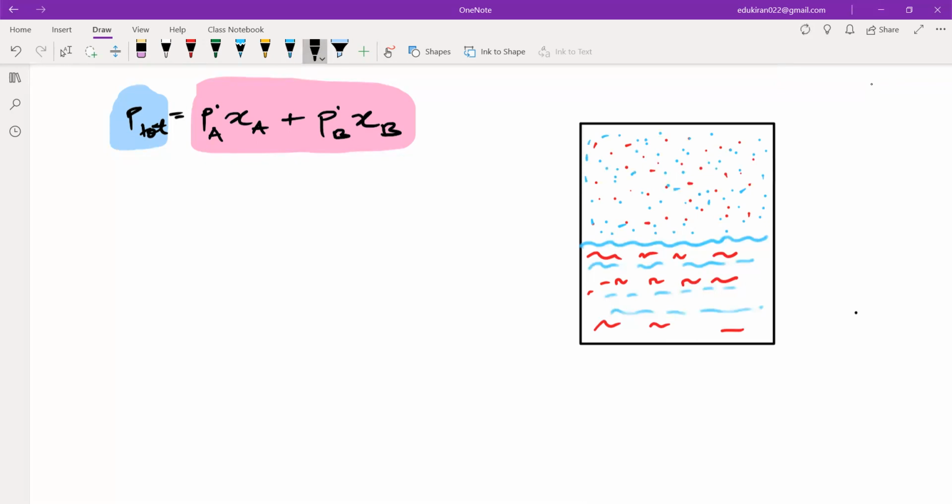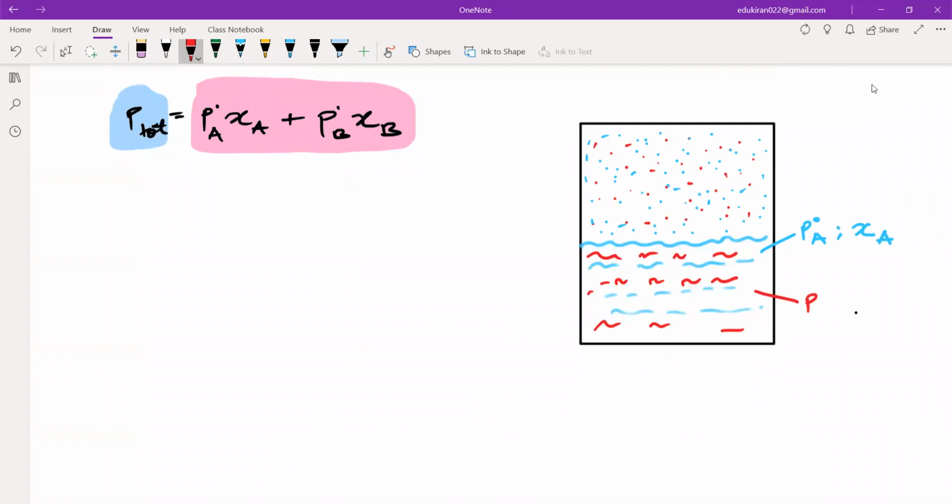Okay, the blue ones. Now, since you have made this particular solution, what do you know? You know the A liquid, you know the B liquid. That means you know the P naught of A. You also know the mole fraction of A because you have prepared this solution.